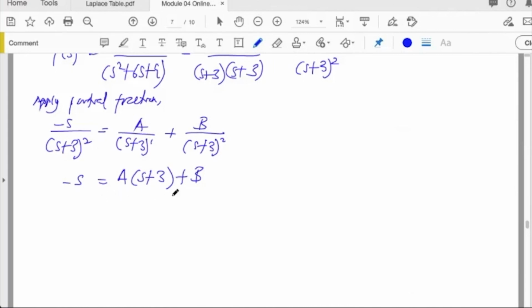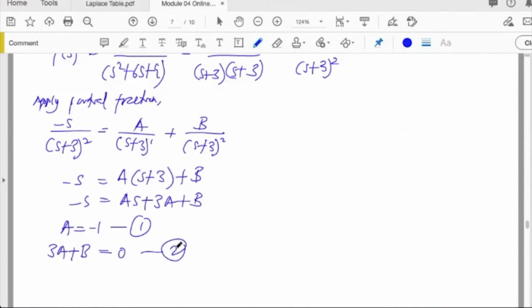How many equations do we have here? That one is a s plus 3a plus b equals negative s. The first equation gives a equal to negative 1. The second equation gives 3a plus b equal to 0.